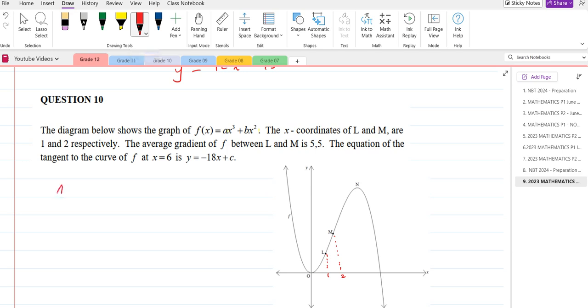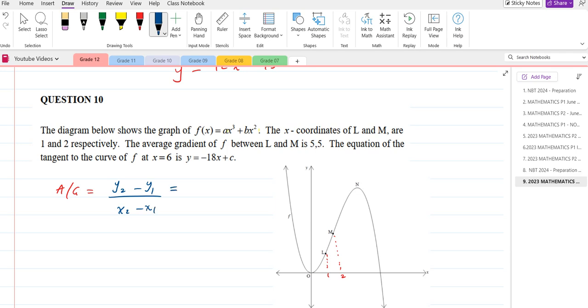Now what's the average gradient formula? Let's see, average gradient is y2 minus y1 over x2 minus x1. Like a gradient formula, right? y2 minus y1 over x2 minus x1.